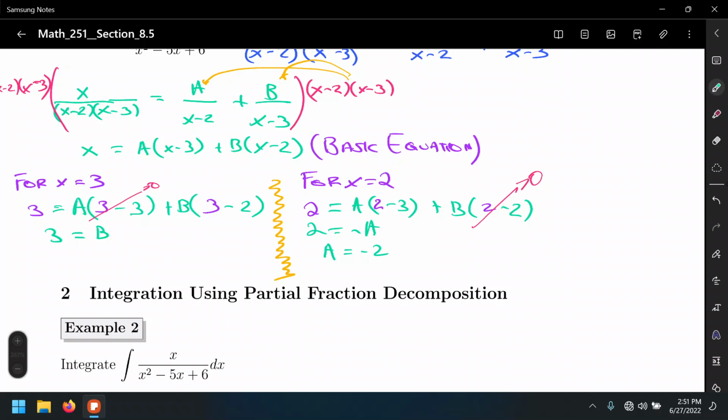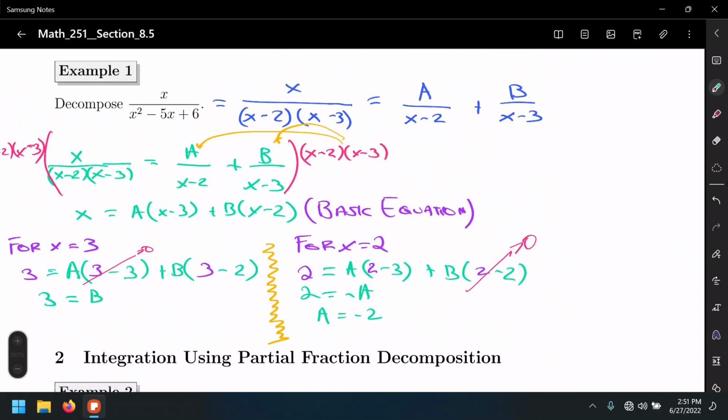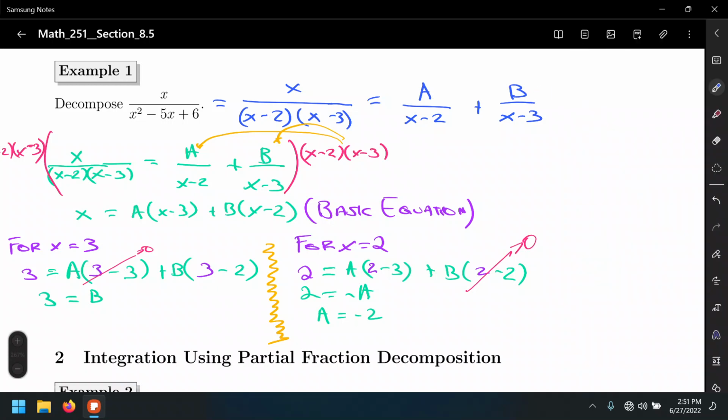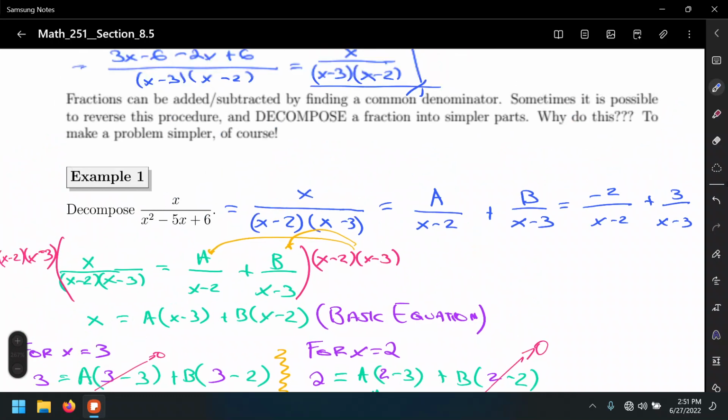So we're done finding those constants a and b that will break this funky looking rational expression into two simpler ones. Let's go back to our original problem, where we have negative 2 over x minus 2 plus 3 over x minus 3. Isn't that the same expression as before?